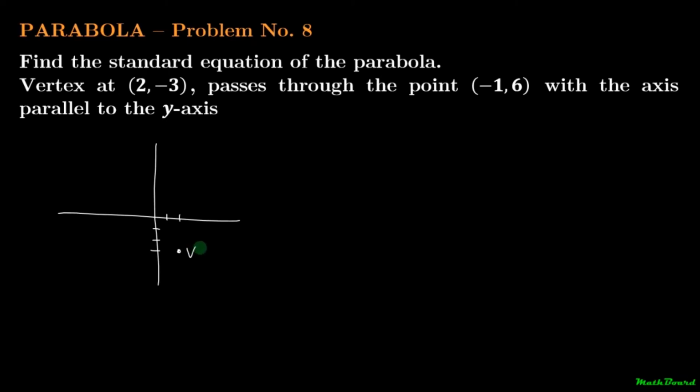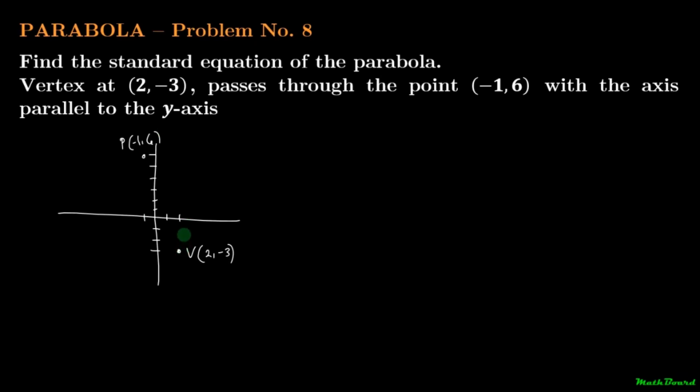This is the vertex, that is 2, negative 3. Then, passes through the point negative 1, 6. This is negative 1, 1, 2, 3, 4, 5, 6. We have a point, negative 1, 6. Then, the axis is parallel to the y-axis.